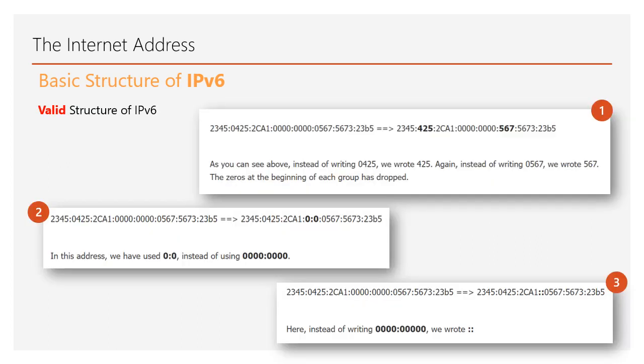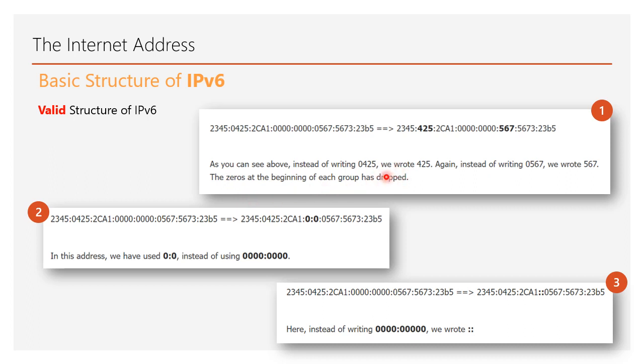Now, these are examples of valid structure of IPv6. Let's take a look at the first example. Instead of writing 0425, we wrote 425, dropping out the zeros in front of the group.